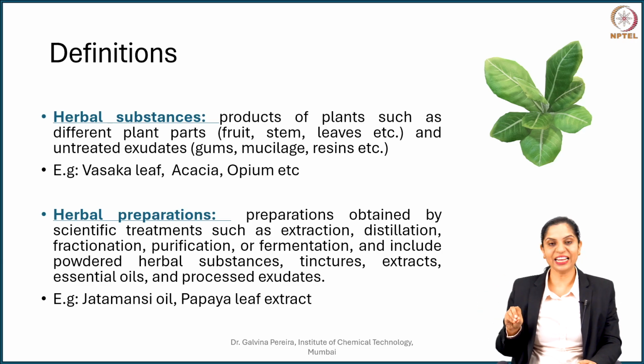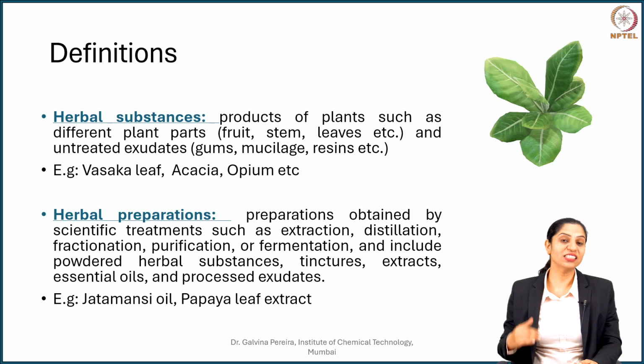If I take, say for example, Vasaka leaf, and consume it as such, or I see it in markets as such, I will call it a herbal substance. Not only that, your dink, that is your acacia, as well as the latex of opium, is also classified as a herbal product.